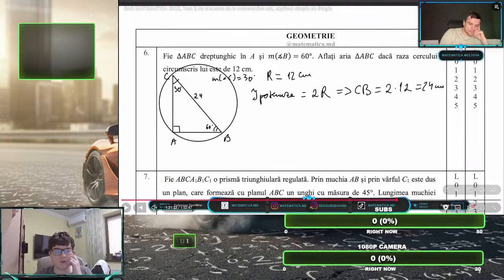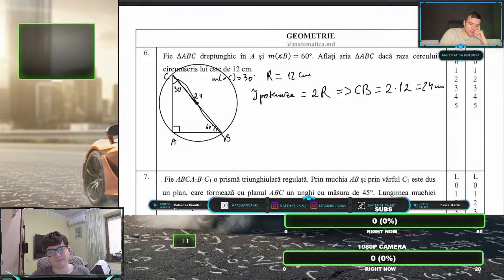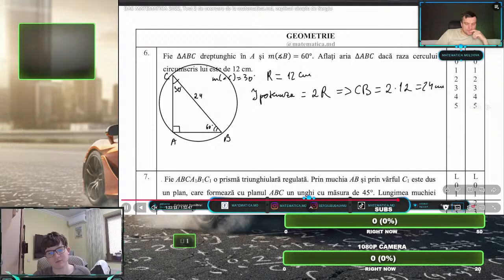Yes, and now Pythagorean theorem. I think CA is going to be something like 12 square root of 3. 24 to the second power is going to be 12 to the second power plus CA to the second power.